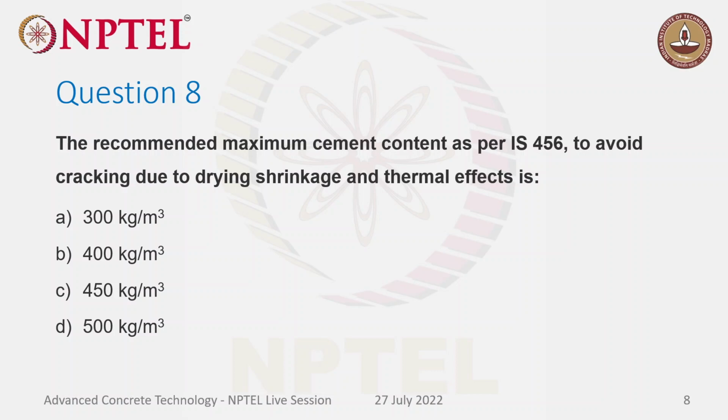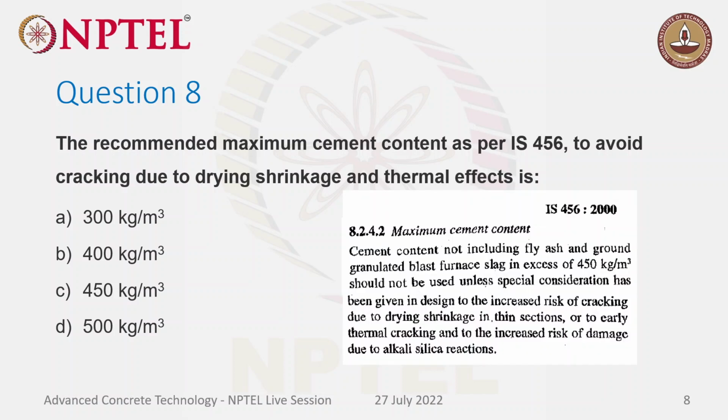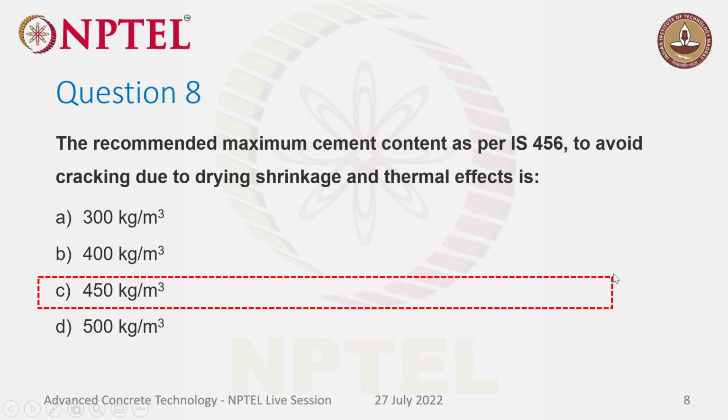This is also a direct question. You can give your answers in polls as well as the chat box. From IS 456 we can say that it is limited to 450 kg per meter cube. The answer is option C.